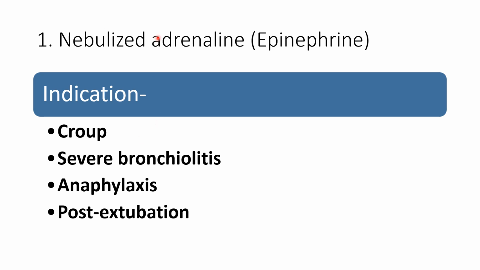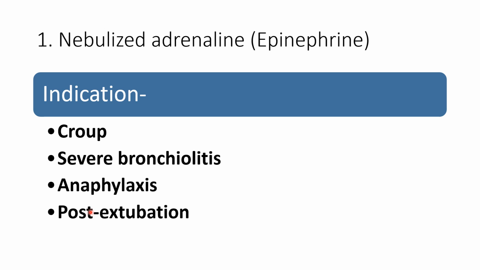So what are the indications of nebulized adrenaline? It is indicated whenever a patient has moderate to severe croup, to relieve the obstruction caused by upper airway swelling. Whenever a patient comes with severe bronchiolitis, again to relieve the obstruction, we use adrenaline.